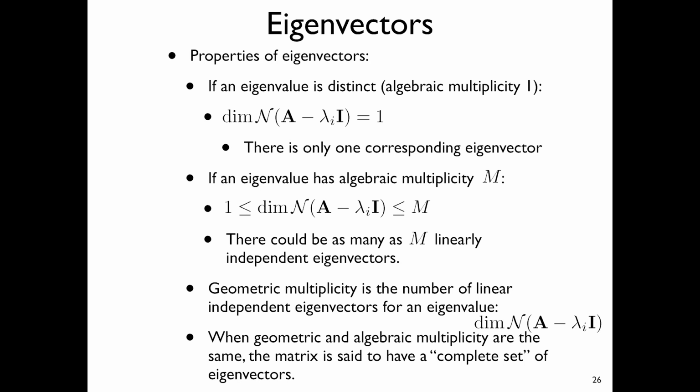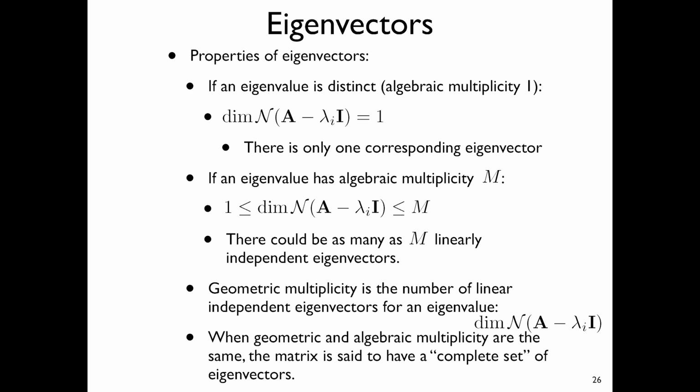If an eigenvalue has algebraic multiplicity m, well, you just saw that the geometric multiplicity, which is the dimension of the null space of A minus lambda I, the dimension of the space spanned by null vectors of A minus lambda I, is going to be greater than or equal to 1, and smaller than or equal to m.